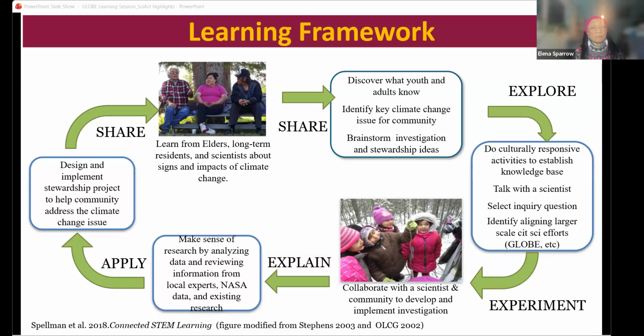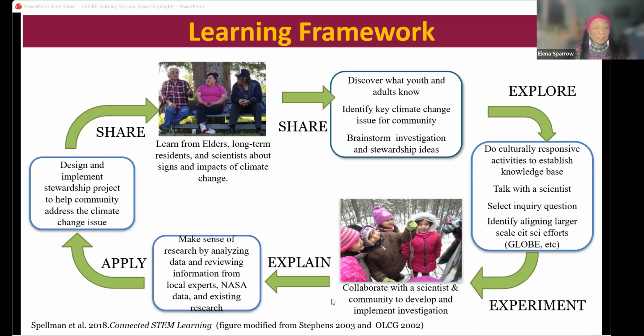starts with learning from elders, long-term residents, and scientists about science and impacts of climate change. Then discovering what youth and adults know, identifying key climate change issues, and exploring, using and doing cultural activities that are important to them as they try to design an experiment that would be relevant to their communities.